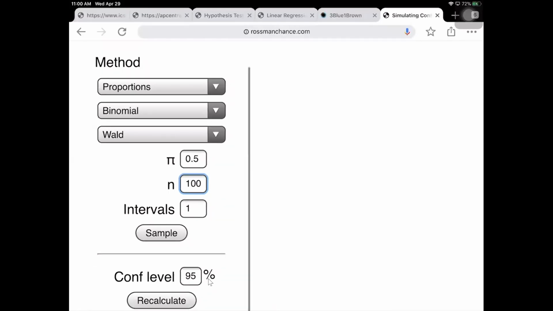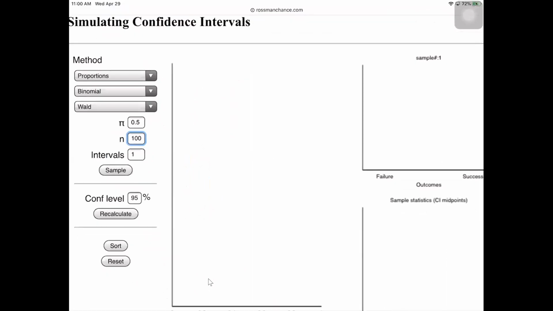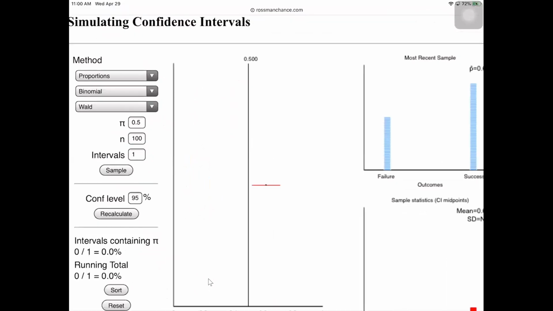All right, so let's go ahead and play around with this. Let's do a sample. All right, cool, great start. If you look at the black vertical line, at the very top it says 0.50. It's telling you this is the population proportion.